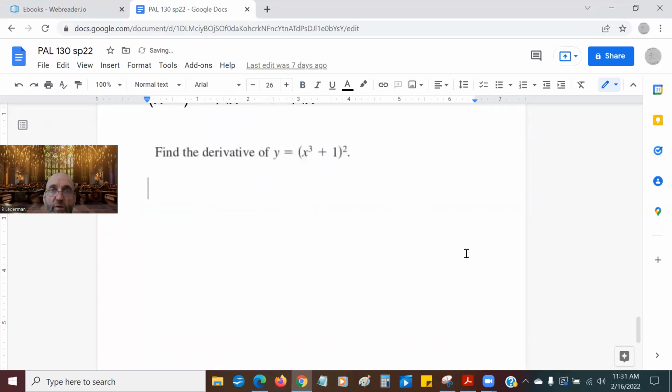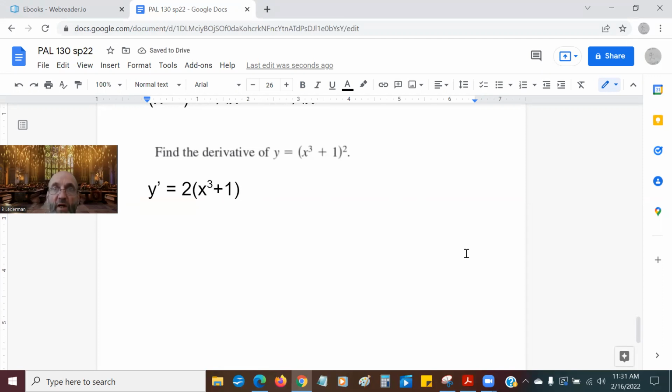So y prime is going to equal, first is going to be the derivative of the outer function, which is 2 times the inner function, which is x to the third plus 1.